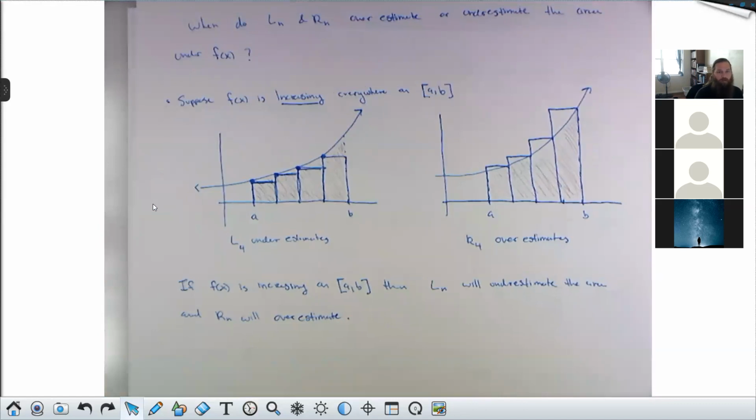Similarly, if f is decreasing, the roles reverse.